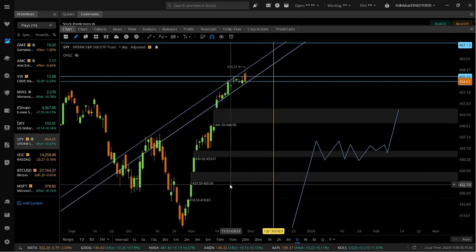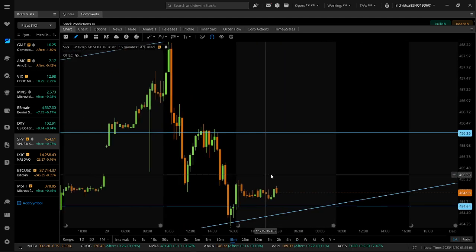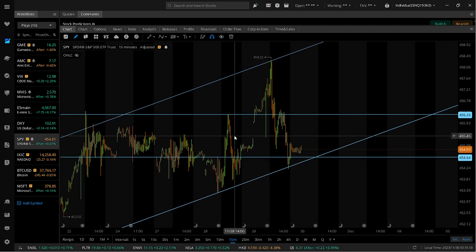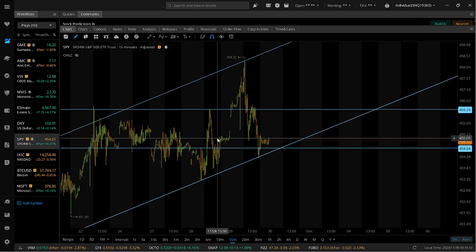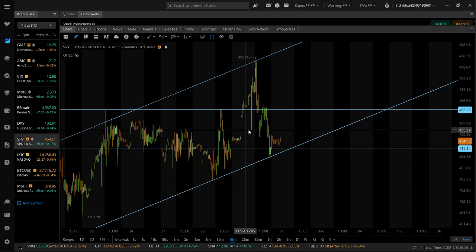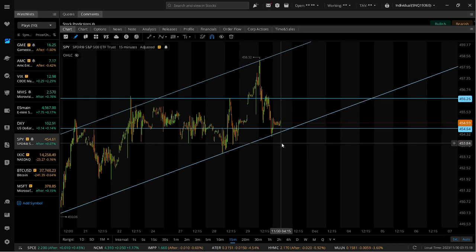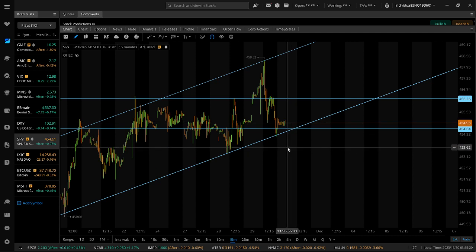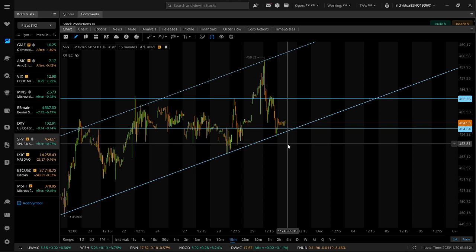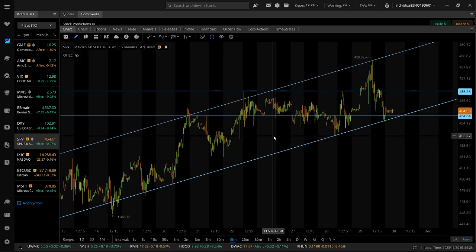So yeah, that was the master sequence. That's what I'm thinking about right now. Tomorrow, we could gap down here from PCE, and that should tell you that this is the top.